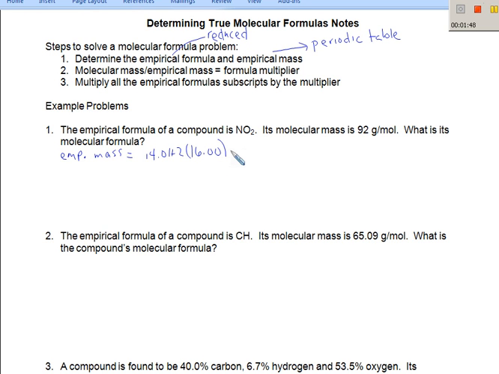So just plug that into your calculator. And you'll see that that turns out to be 46.01 grams. And that's for NO2. So it's NO2's empirical mass.